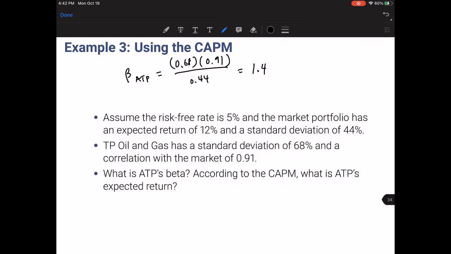And given the beta, we can apply the CAPM formula to get the returns on ATP. That is equal to 5% plus 1.4, which is our beta, times the market excess returns. That will yield 15%. So that's our model implied expected returns based on the CAPM given the beta.